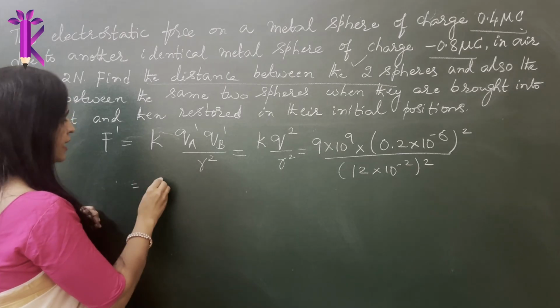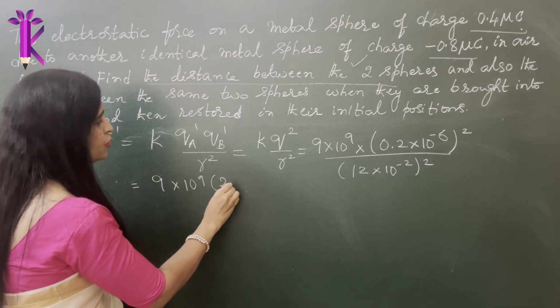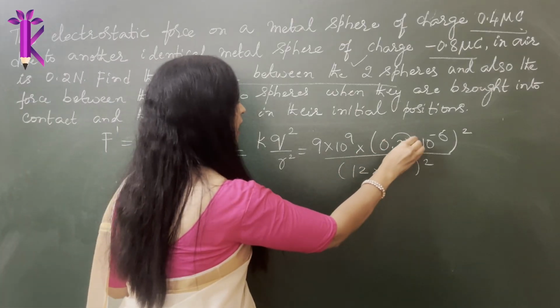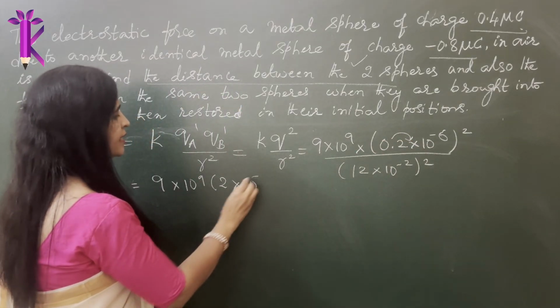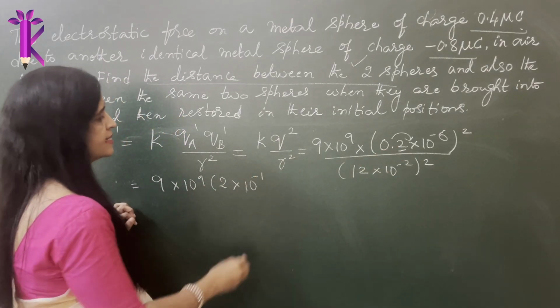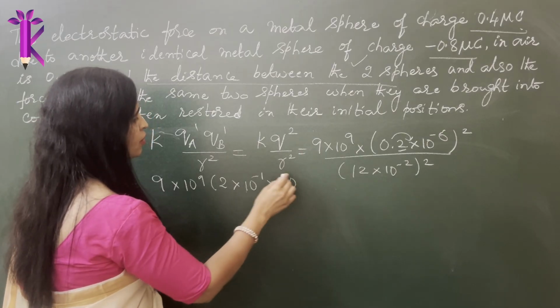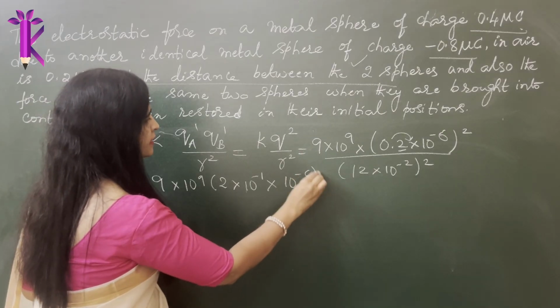So therefore, let's separate the powers and the decimals. So 2, if you shift the decimal to the right, the power decreases by how many numbers? You shifted only one decimal place, so it decreases by one. So 10 power minus 6 the whole square. We'll do that later.